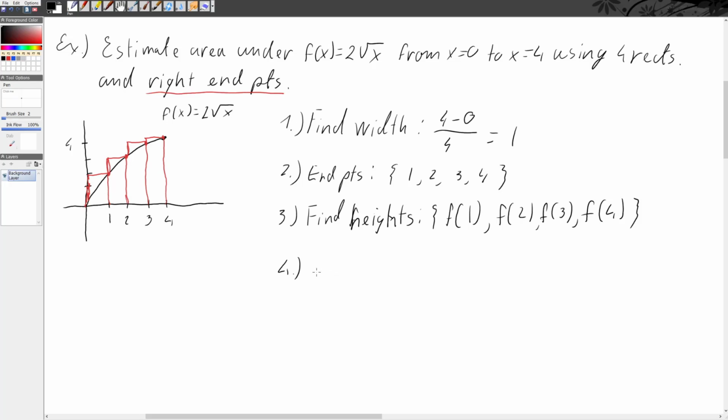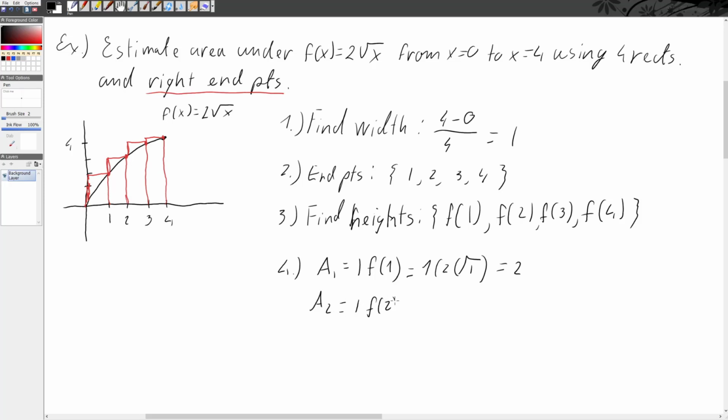Now we find the area of each rectangle. That's going to be width times height, which is going to be 1 times 2 square root of 1, which is just going to be 2.